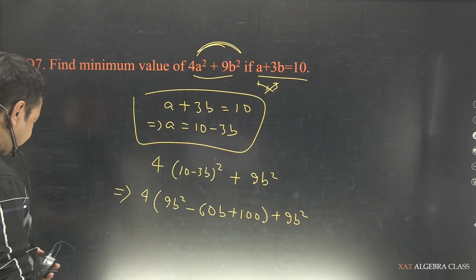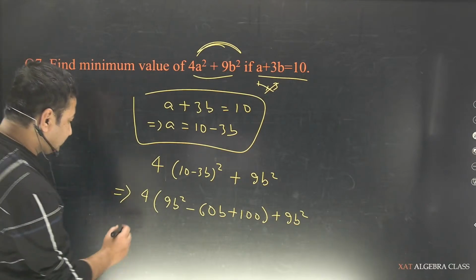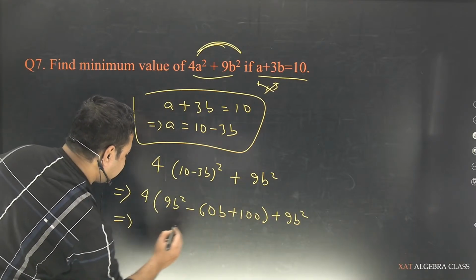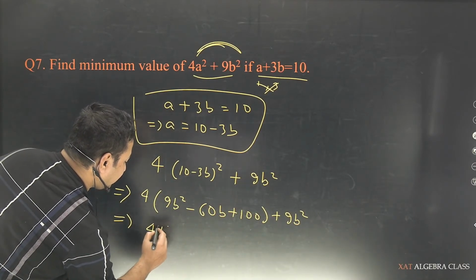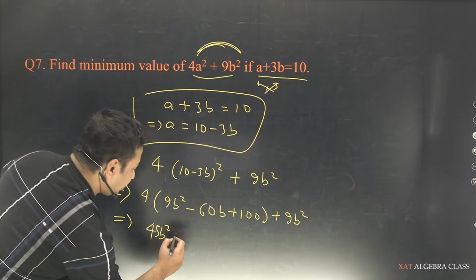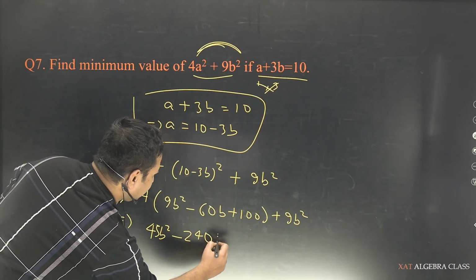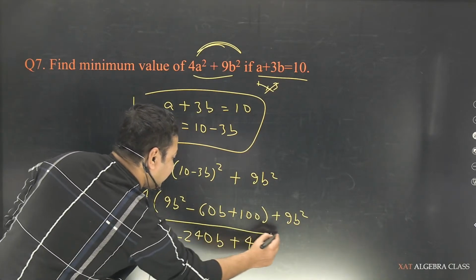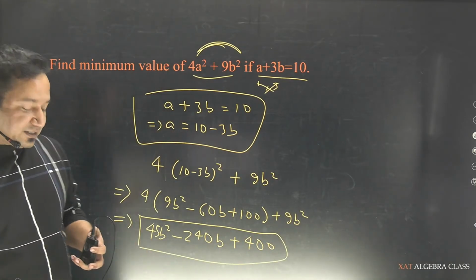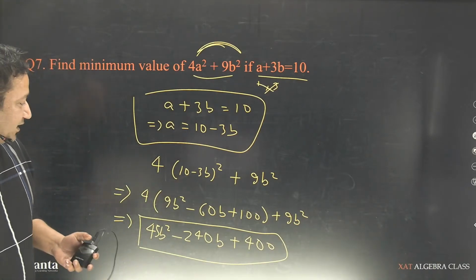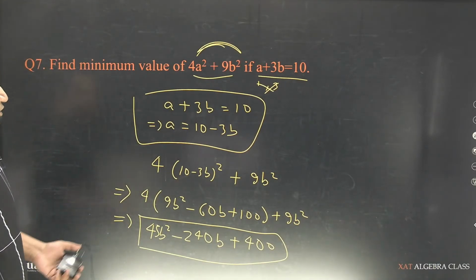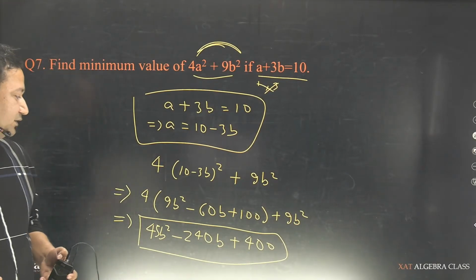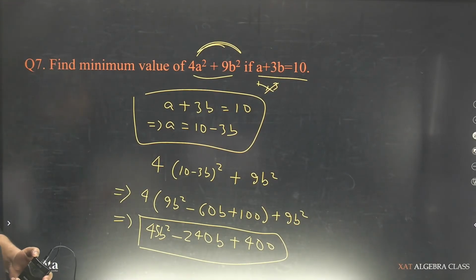Right? Four 9 36 plus 9 is 45b square is what we have. 45b square minus 240b plus 400. Now this is a quadratic expression, and I discussed in one of the algebra classes, I hope all of you were there, if we have a quadratic expression, at which point do we get the minimum value? At which point do we get the minimum value? Anyone?